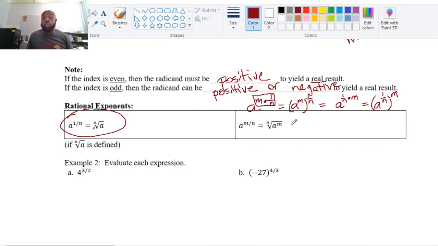So we could also write this as the nth root of a, all of that to the mth power. Sometimes I like to write it this way, sometimes that way, depending on what I'm doing. You have a choice there. The choice is yours based off of what you want to do.